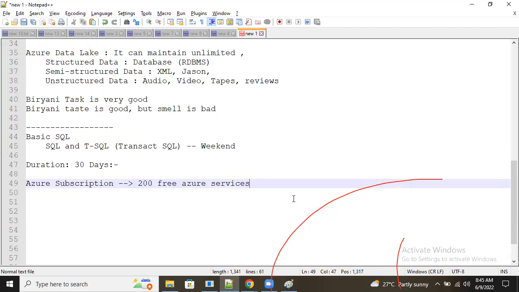Free services are valid for 30 days. If you want to use the same subscription beyond 30 days, you need to pay the amount.